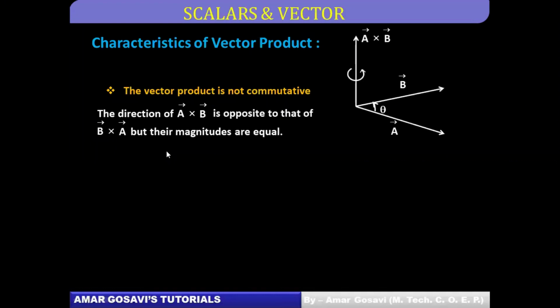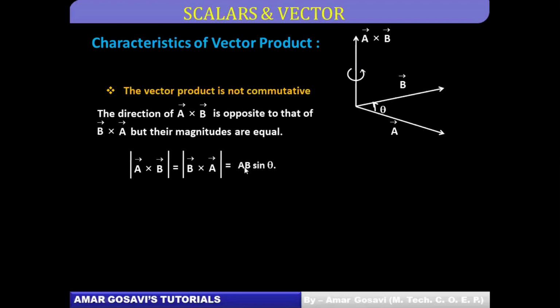You can see if I'm moving from A to B, taking the cross product from A bar to B bar, the direction is upwards, perpendicular to the plane. But had it been B bar cross A bar, the magnitude of A bar cross B bar can be equated to B bar cross A bar, but their directions are not the same.